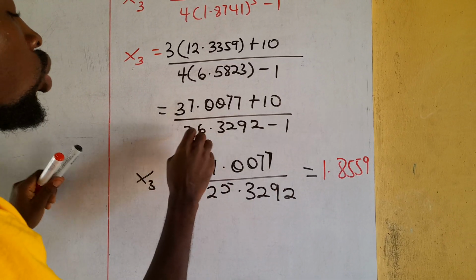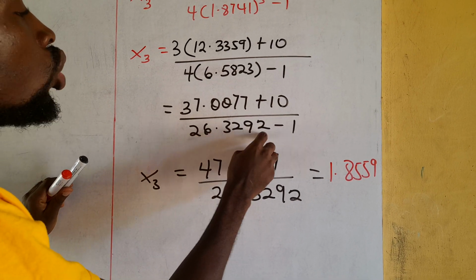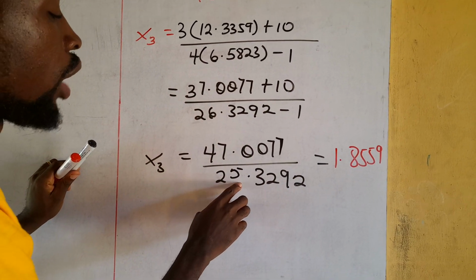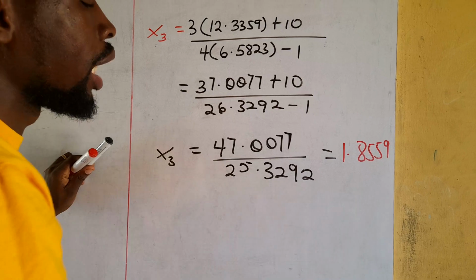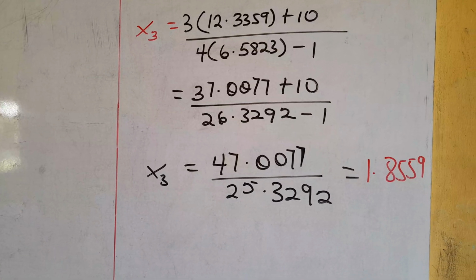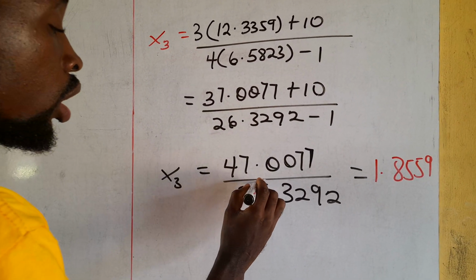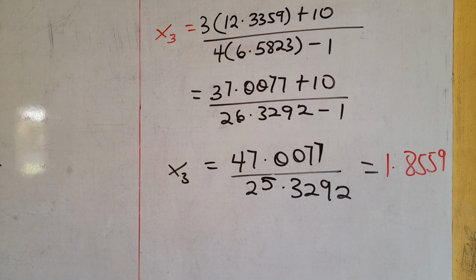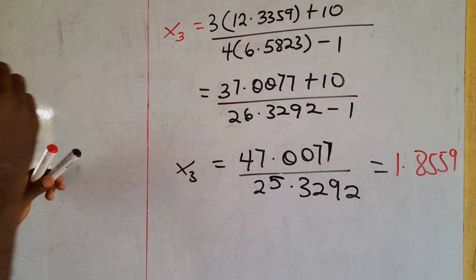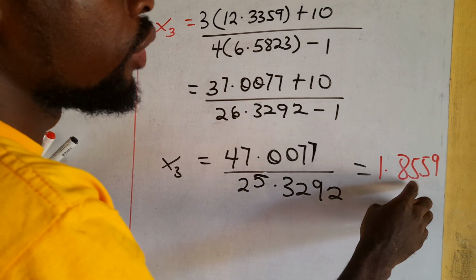Then 26.3292 minus 1 will give us 25.3292. So 47.0077 divided by 25.3292, we get 1.8559.